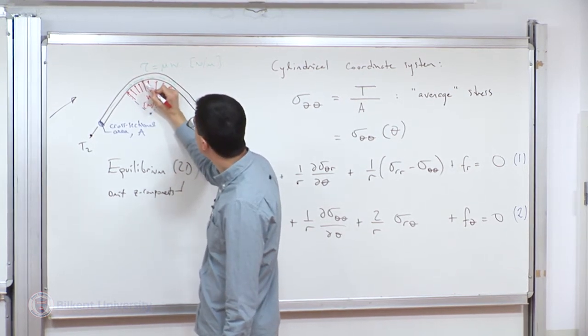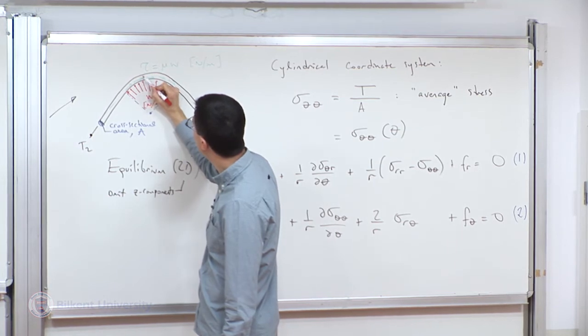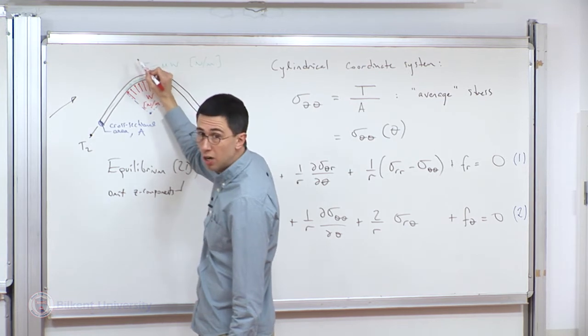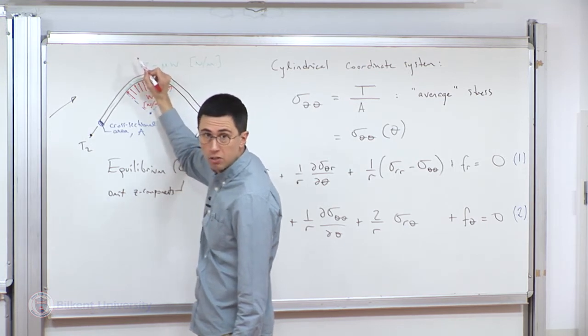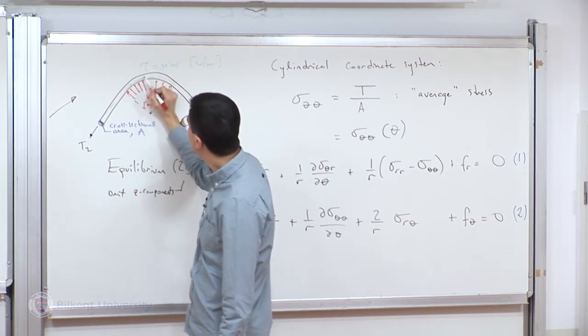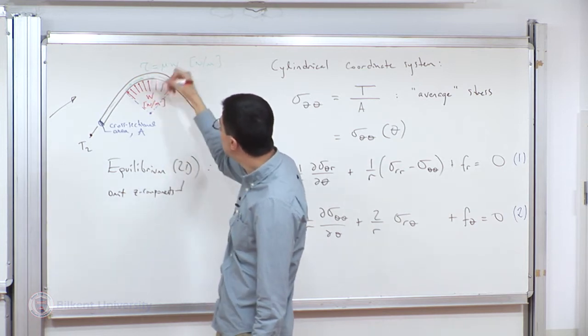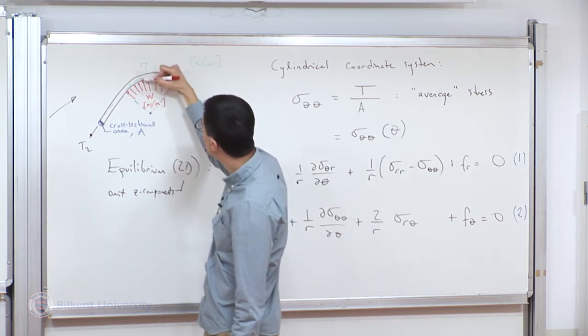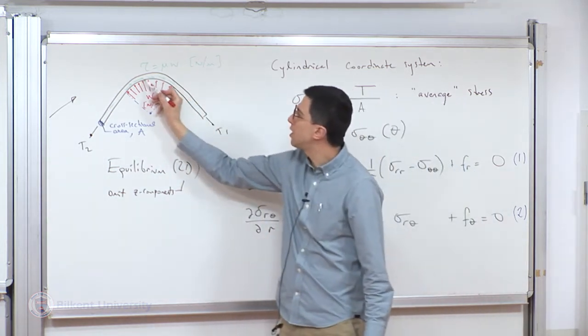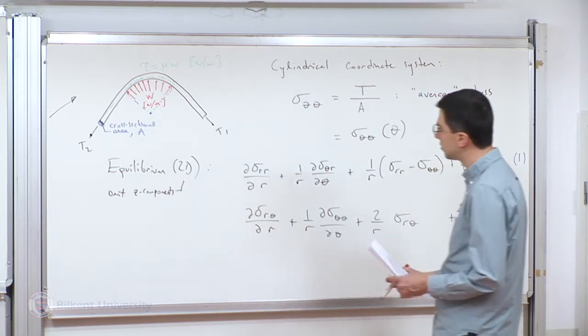So at this point, there is for sure a sigma RR. But at this point, on the plane with normal R in the direction R, sigma RR is 0 because it is a traction-free surface, right? On the inside, it's non-zero. But eventually, it's here 0. So the variation is going to be rapid from a non-zero to a 0 quantity. But I'm going to assume that sigma RR here is not for us a significant quantity.